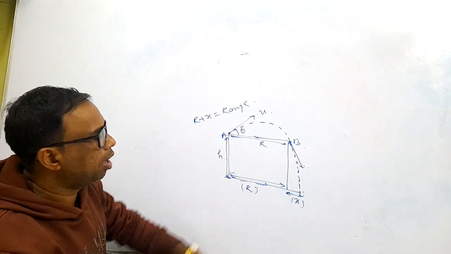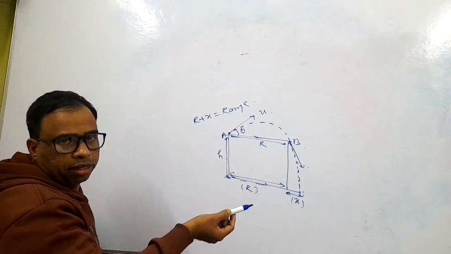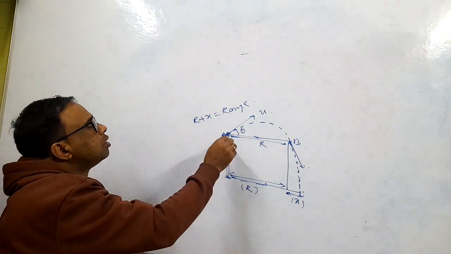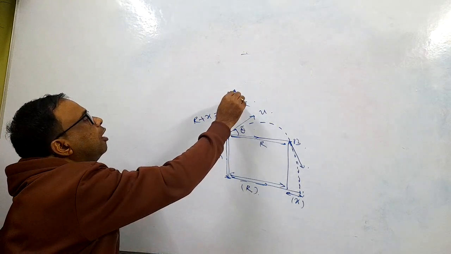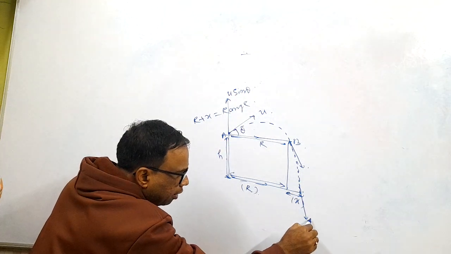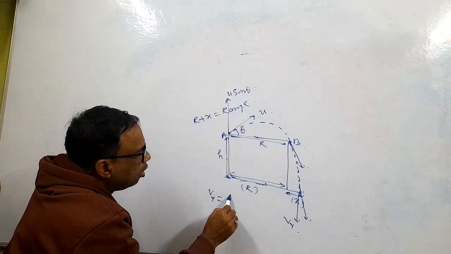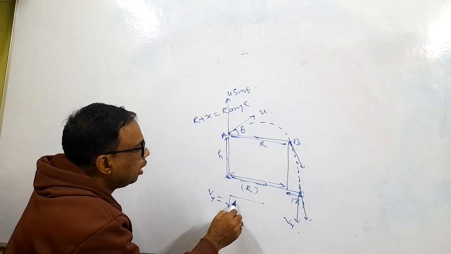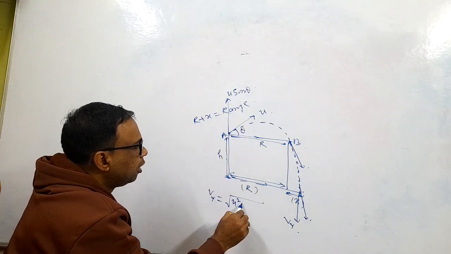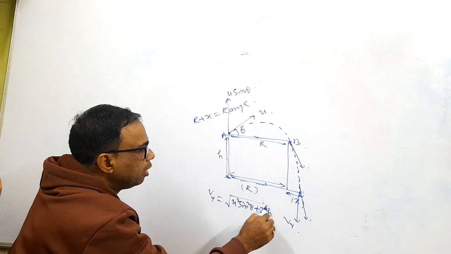How can you find the time of flight? Very interesting case to find the time of flight from the vertical motion. In vertical motion, the initial velocity is u sin theta, and when the particle strikes here, the vertical velocity vy is nothing but root over u square sin square theta plus 2gh.